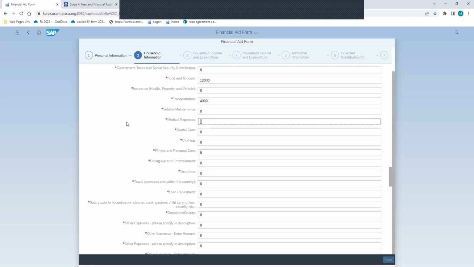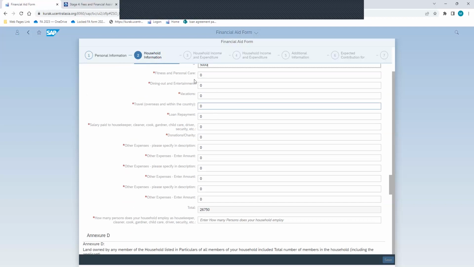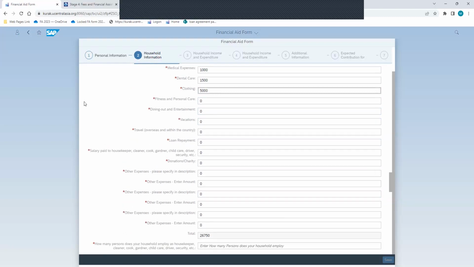Medical expenses, sure, I think there might be like 1,000. Dental care can be 1,500. Clothing is 7,000. Or let's make it 5,000. Fitness, vacations, dining out. Let's say I'm not having this, but it depends on you. If you do have, please indicate all these types of expenses here.